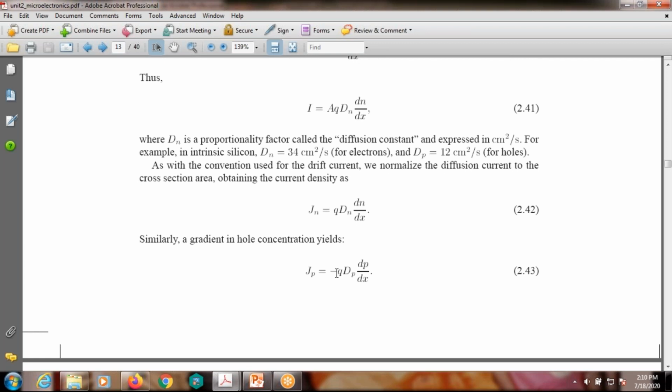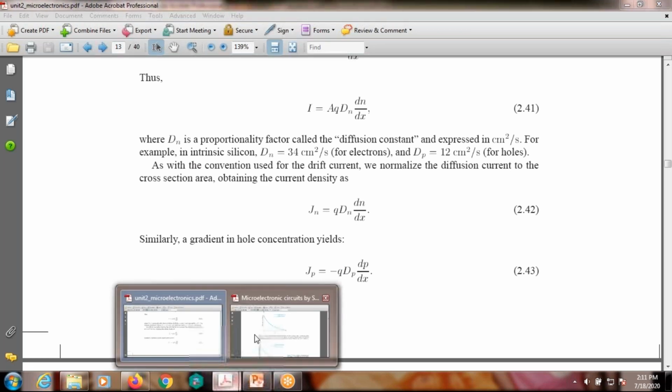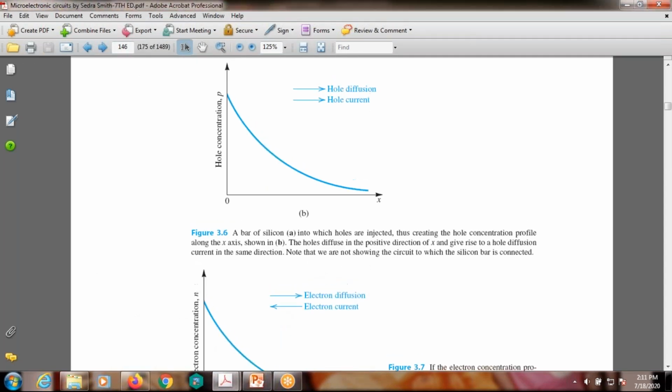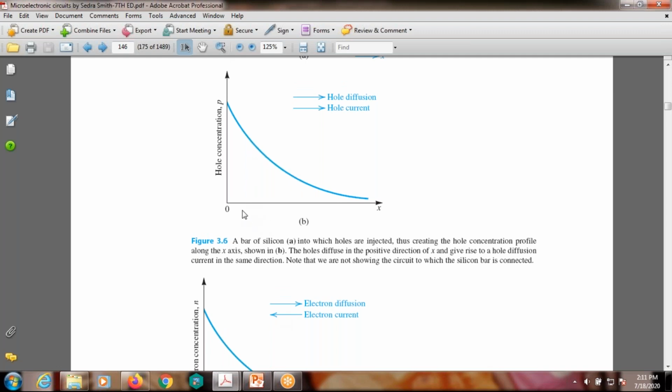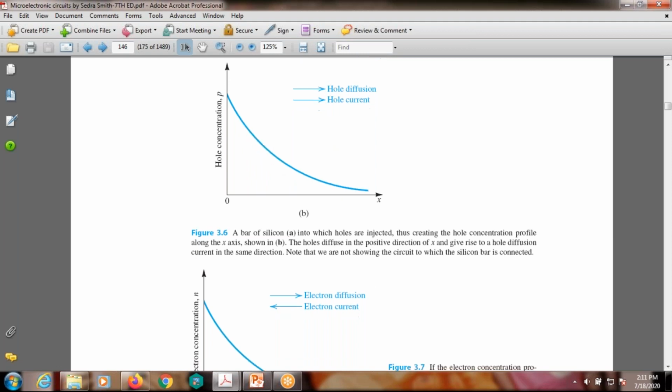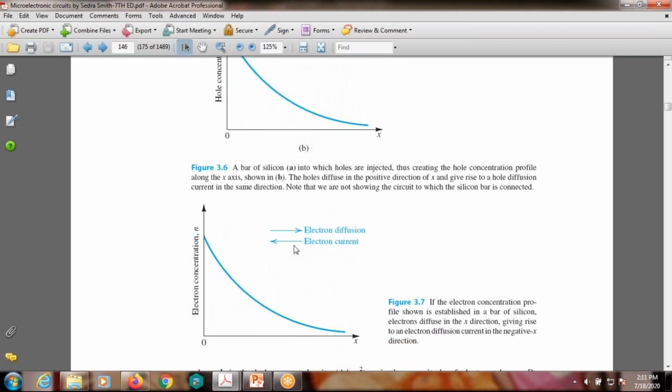Then why is it negative here? Observe the negative sign: as x increases, the hole concentration decreases, so the slope is negative, and the hole current and hole diffusion are in the same direction. That's why it is negative. What about electrons? Here the slope is also negative, but the electron current is in the opposite direction, so the negative sign is cancelled.